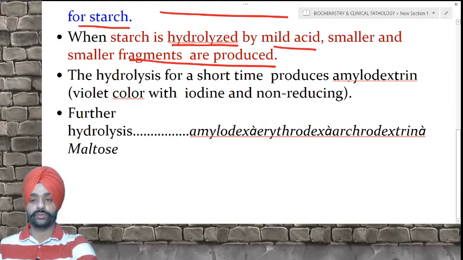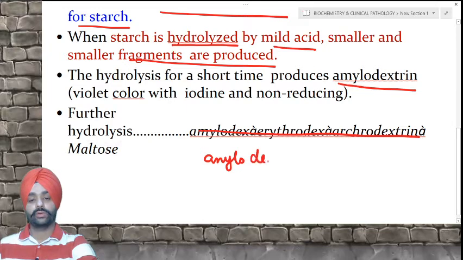Further hydrolysis gives erythrodextrin and maltose.